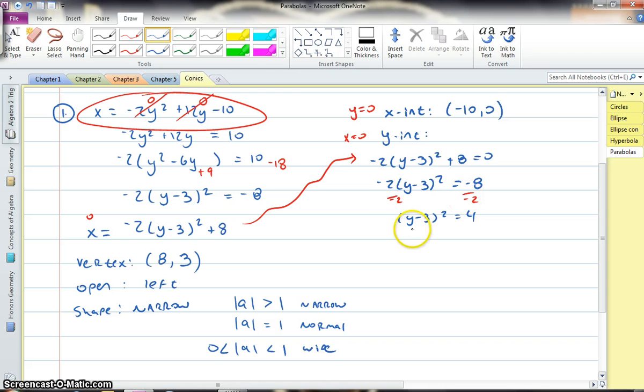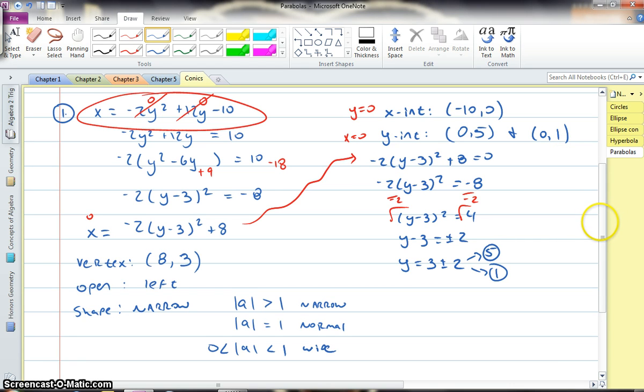Square root both sides. So y minus 3 equals plus or minus the square root of 4, which is 2. So y equals 3 plus or minus 2. 3 plus 2 gives me 5. 3 minus 2 gives me 1. So my y-intercepts would be 0, comma 5 and 0, comma 1. All right, so now that I have all this information, let's graph it.